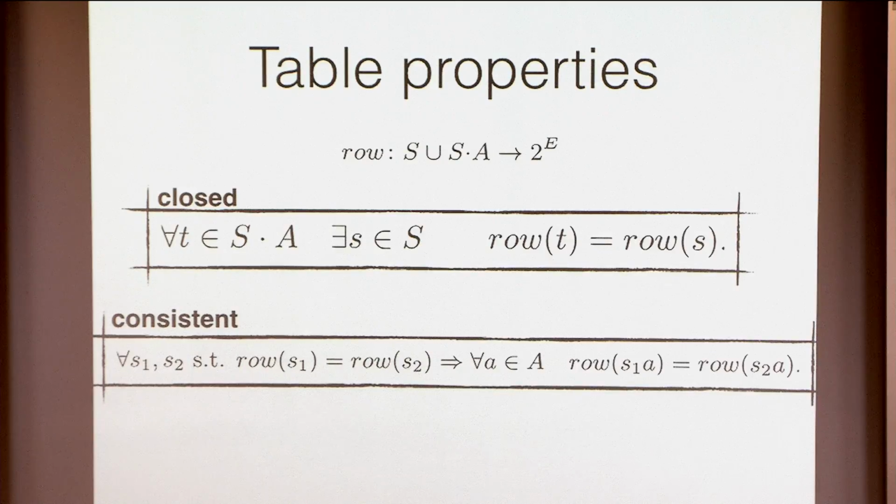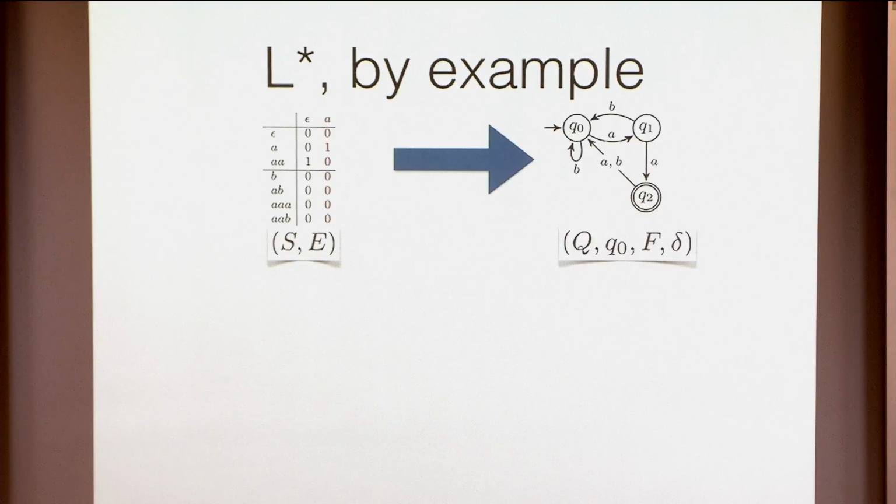And here's the shape I need the table to have. The table is just a function of this kind for S and E sets of words. And I need the table to fulfill 2 conditions. One condition is it should be closed, meaning that if I look at the lower part of the table, so I will always draw the table with a line in the middle, which basically I have a, let's say, relevant set of words here, and then I have those words plus 1 letter continuation here below, which is kind of a 1 letter look ahead.